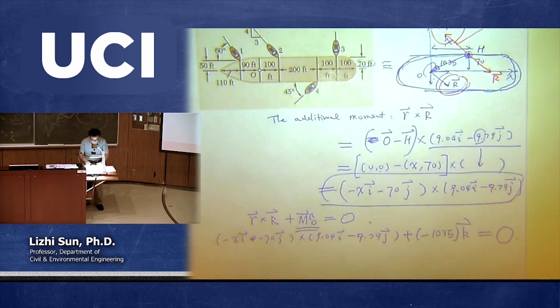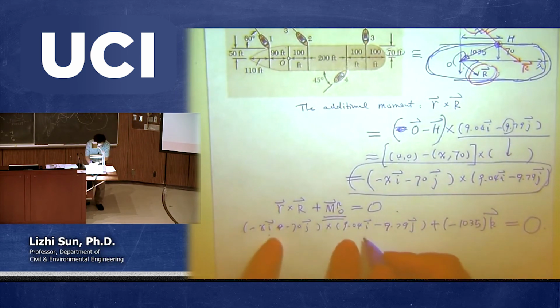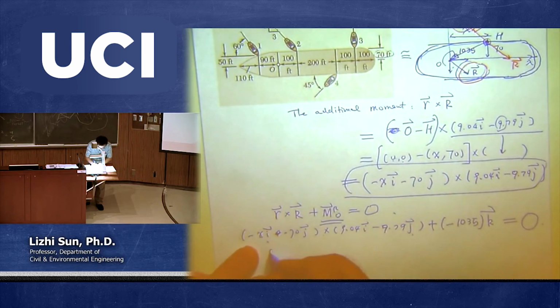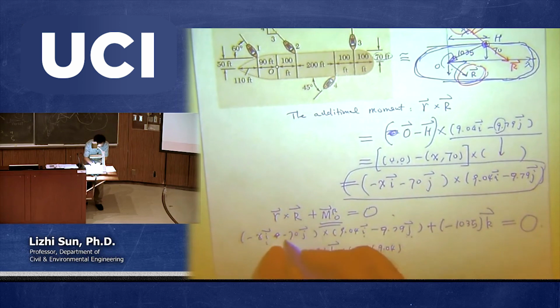Okay, so let's continue with this equation. We just do one by one. So i cross i equals 0, don't worry. i cross j equals k. So minus x times minus 9.79, i cross j equals k. So this is the term we need to keep. And then j cross i. So that means plus negative 70 times 9.04. So this one times this one. And j cross i, what is j cross i?